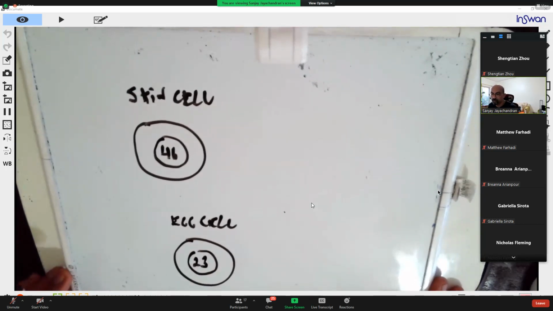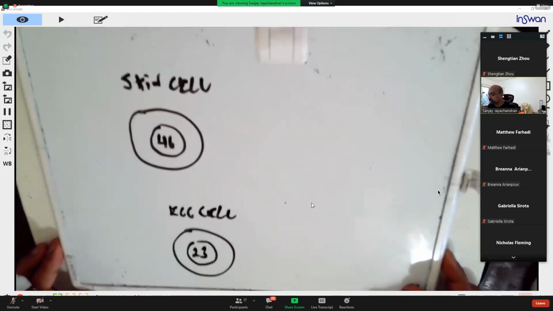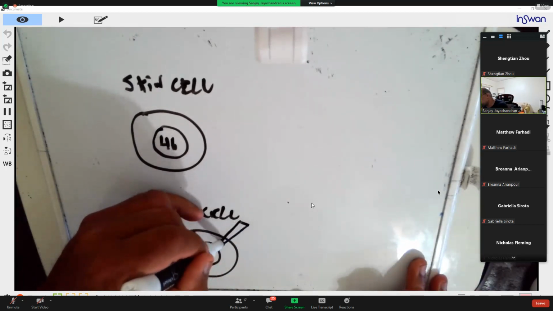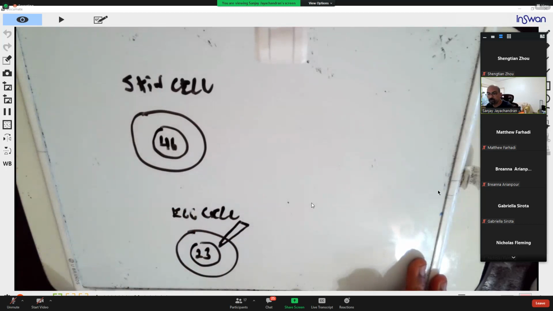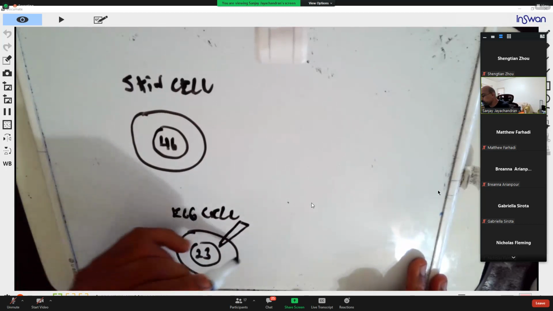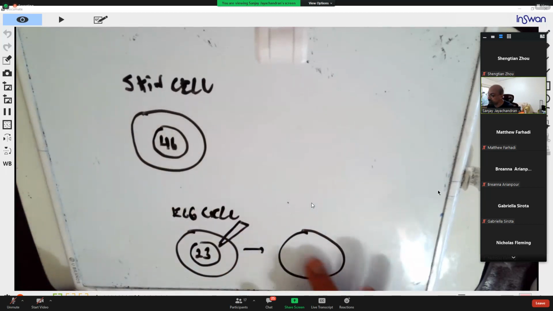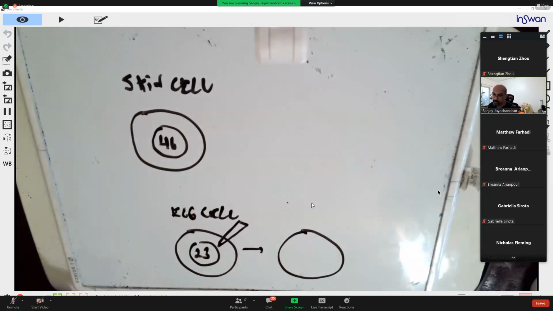So what I'm going to do next is stick a microscopic needle into the cell under a microscope, and take out that nucleus. So now I'm going to have an empty egg cell, which is going to die if I don't do something, because I just removed the nucleus.